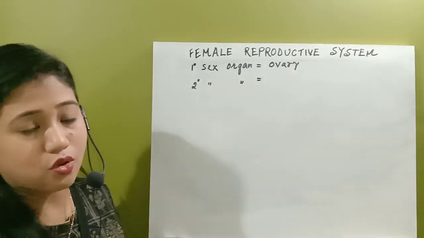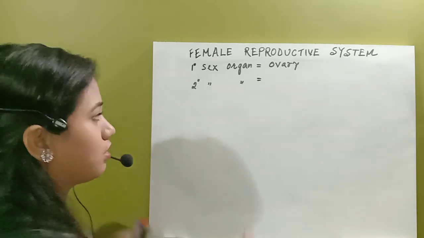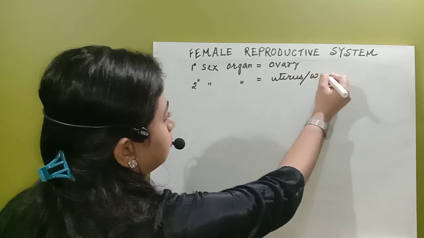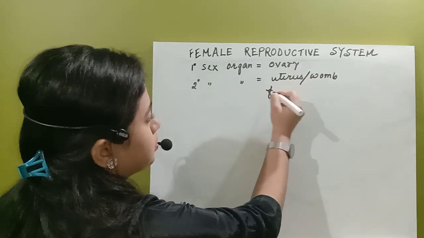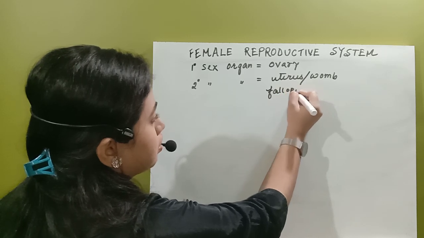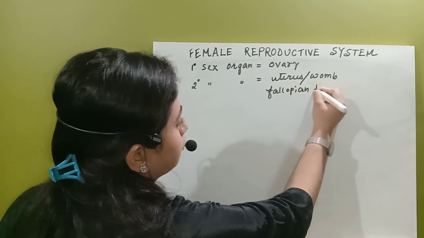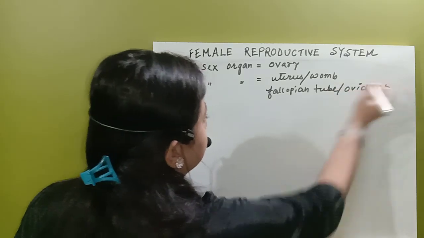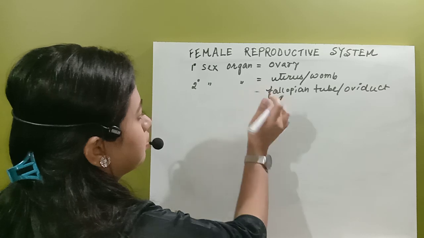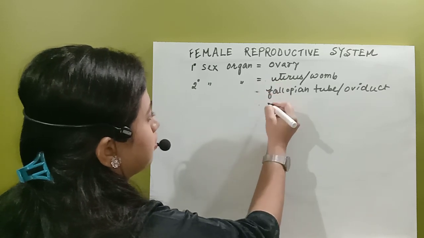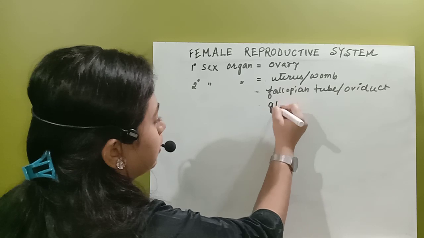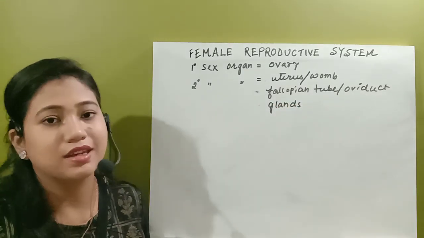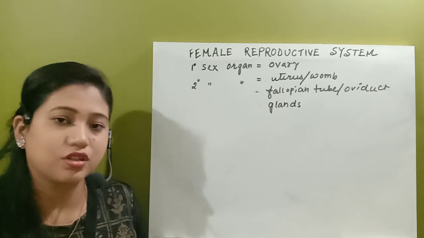The secondary sex organs present here are the uterus or the womb, a pair of fallopian tubes or the oviduct. Then we have a number of glands. Those glands are the mammary gland, Bartholin's gland, etc. We'll see their structure and function later on.